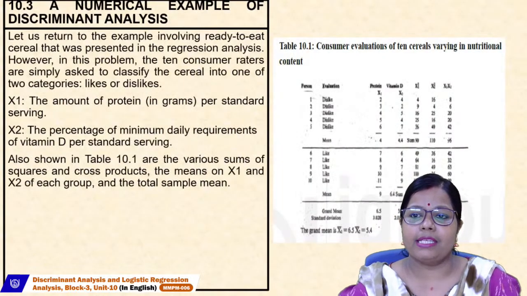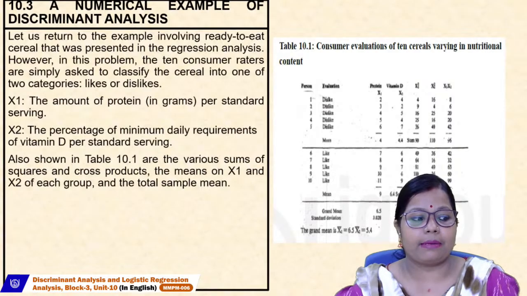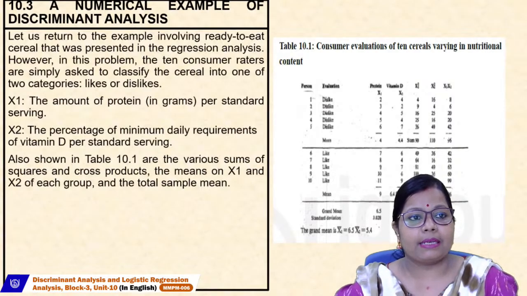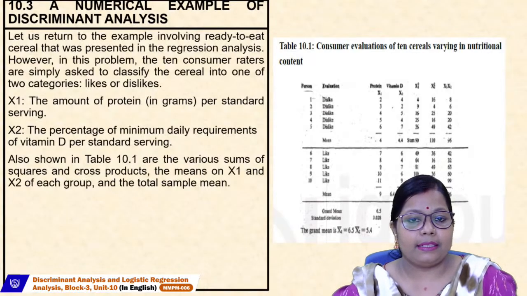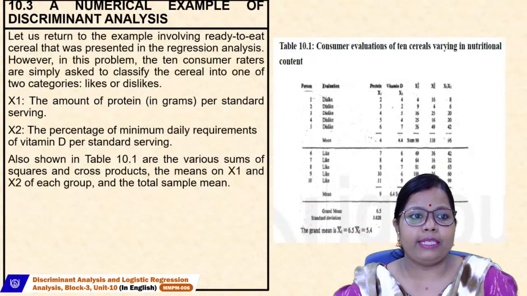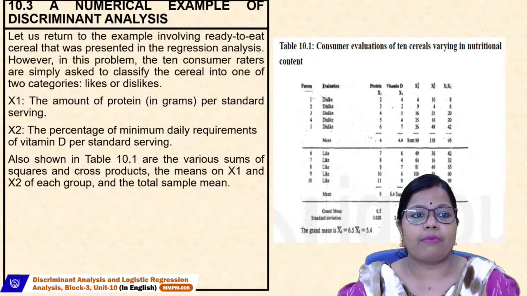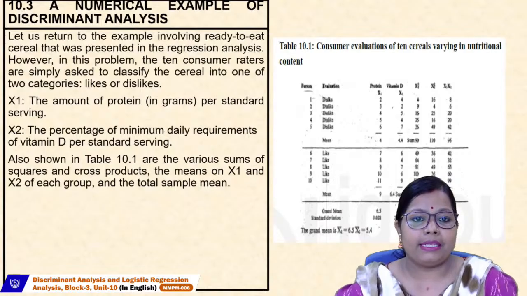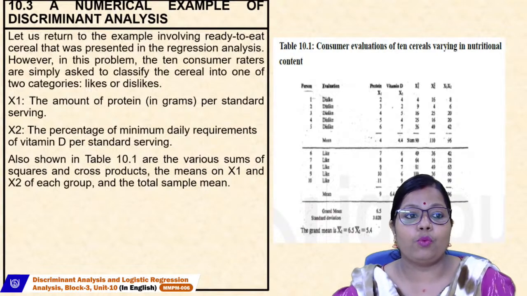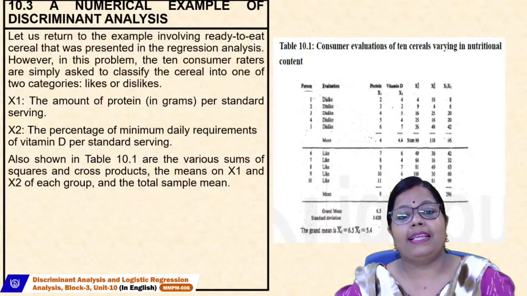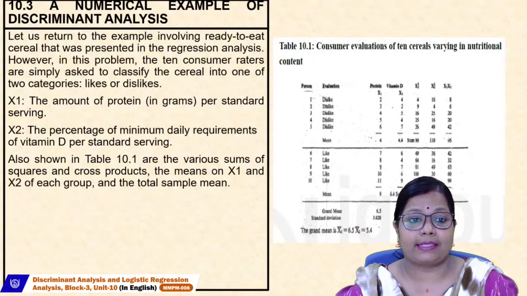The same thing we can see with the help of a numerical example. There is X1. In that example, ready-to-eat cereal, which we already discussed in the regression analysis. But in this problem, 10 consumer raters are simply asked to classify the cereal into one of two categories, likes or dislikes.